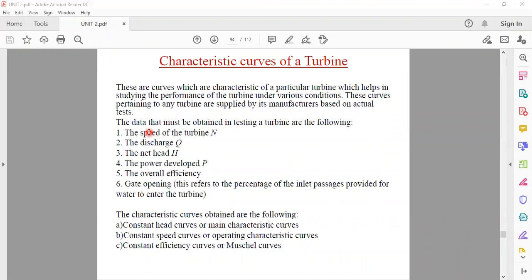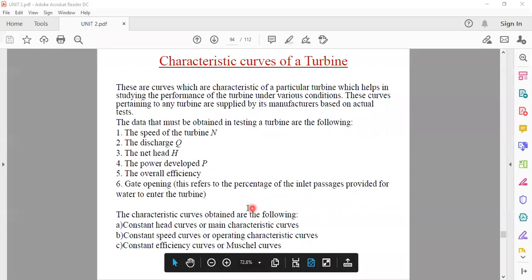The data that must be obtained in testing a turbine are the following: speed of turbine, discharge, net head, power developed, overall efficiency, and gate opening. This refers to the percentage of the inlet passage provided for water to enter the turbine. Means actual gate opening is in the form of a percentage.